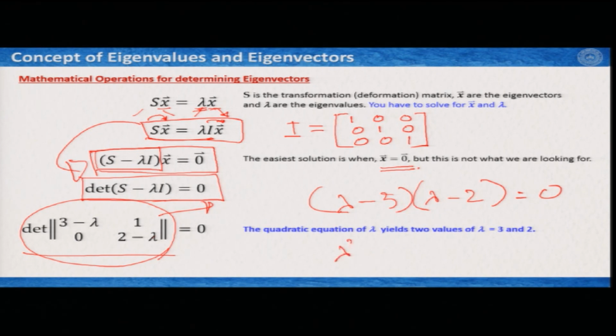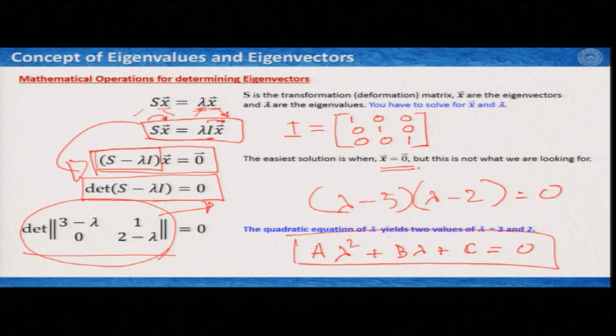Otherwise, you would get the equation in the form of lambda square plus some constant times lambda plus another constant. Let us write it this way, it would be much easier: a lambda square plus b lambda plus c equals 0, where a, b and c are constants.